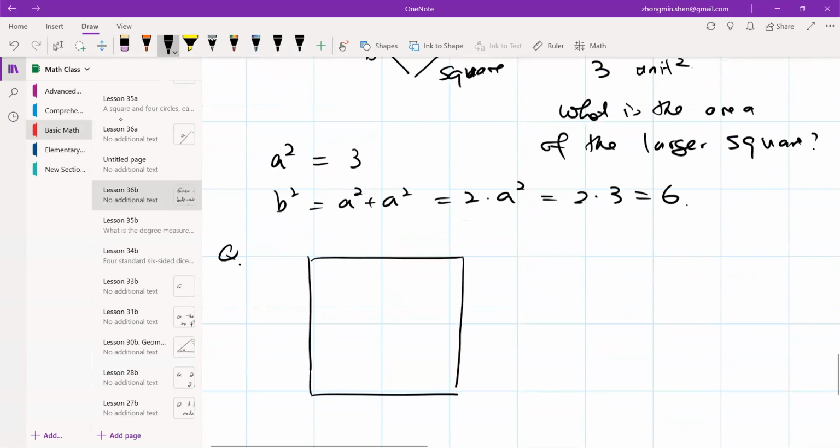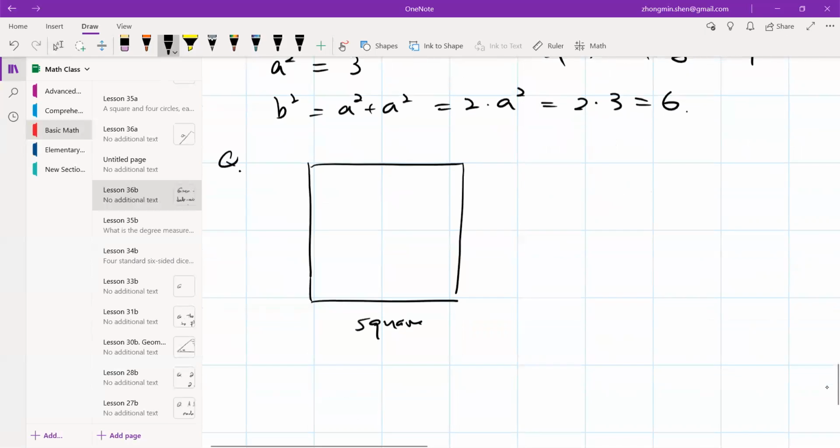Here's a square, and this square has each side 10 feet. What I'm going to do is, here's a 1, that's a 1, 1 and a 1. Draw a line.